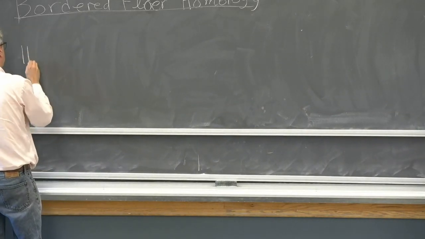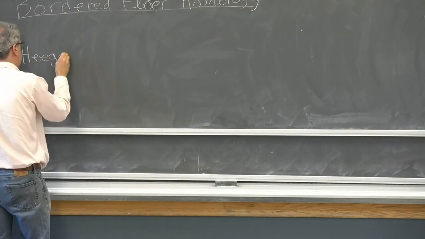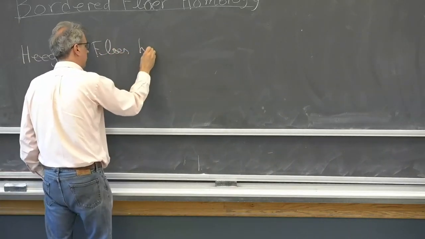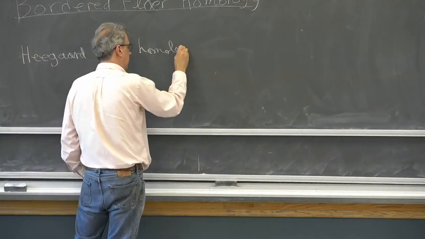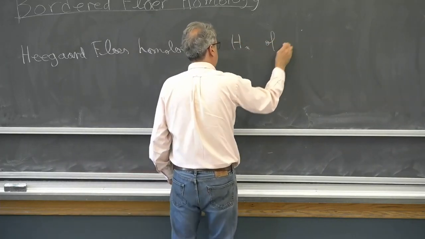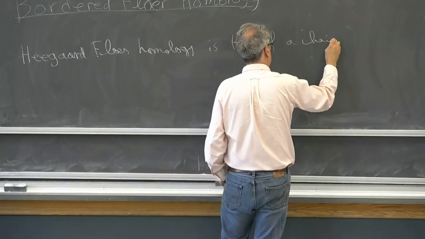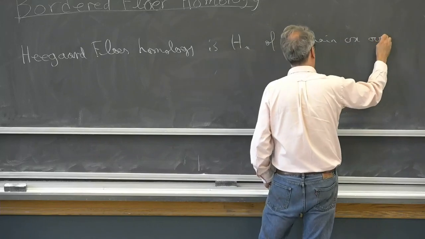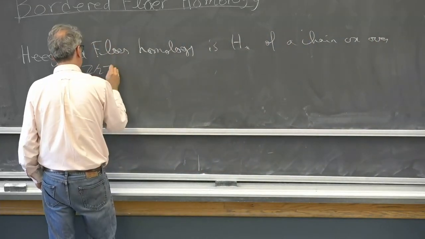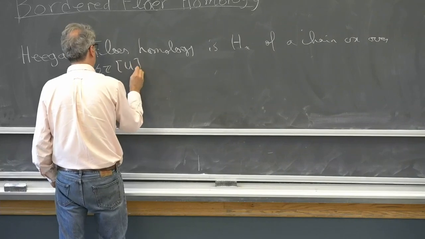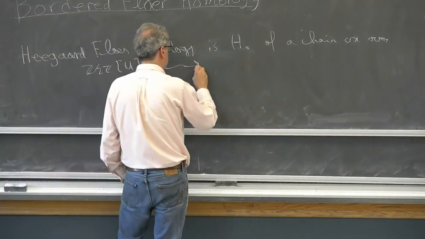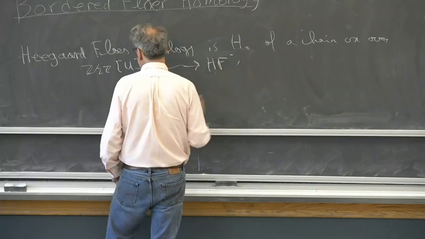Heegaard Floer homology is the homology of a chain complex over a polynomial algebra in a single variable u. So this is an invariant which one might call HF minus.